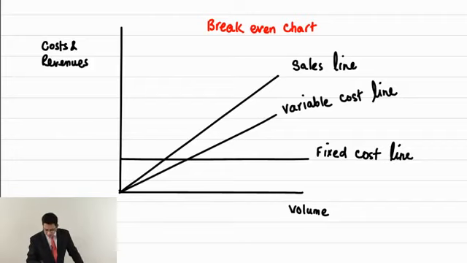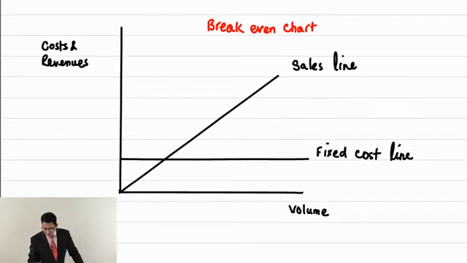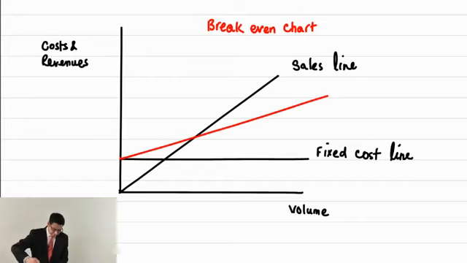So what we do is a little trick. Instead of drawing a separate variable cost line from the base, we superimpose the same slope of variable cost line on top of the fixed cost line, and this becomes total cost.